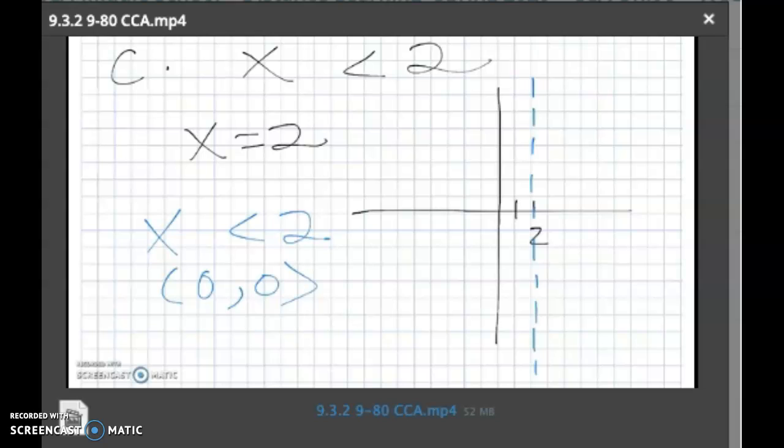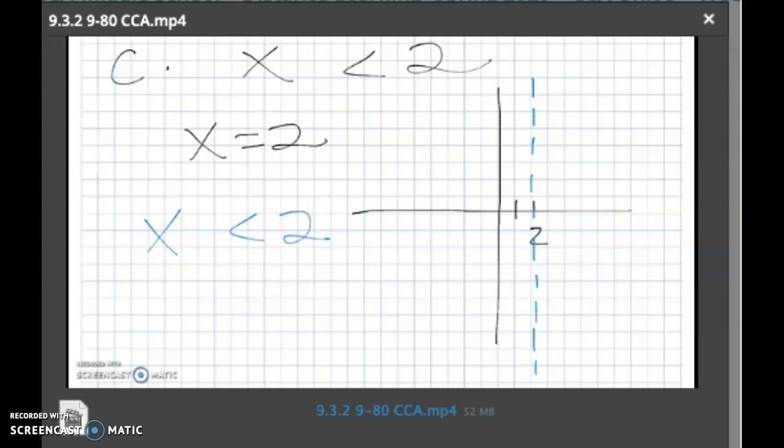I put 0 in for x. And I can't do that. So on this problem, think about numbers that are less than 2. So that would be anything to the left of that line, okay?